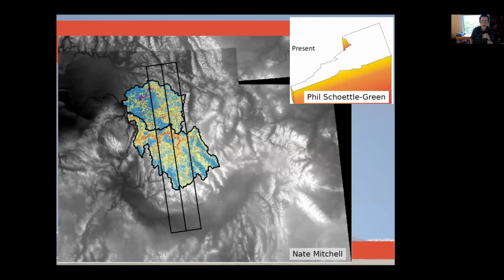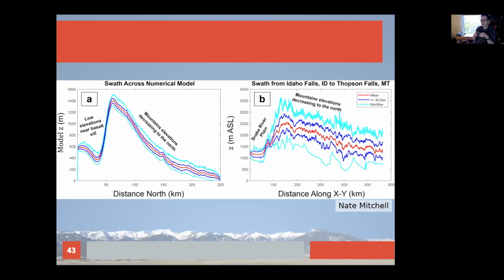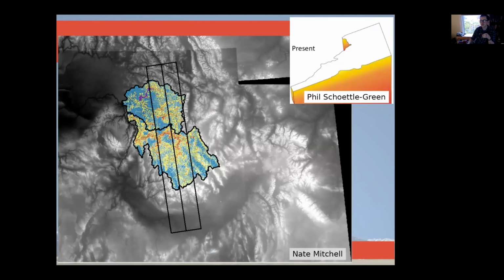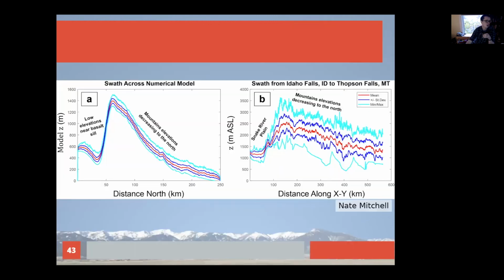And again, trying to match this with the modern topography, what we see in cross-sectional swaths along this kind of north-south profile from our predicted uplift has a similar form to the actual uplift.